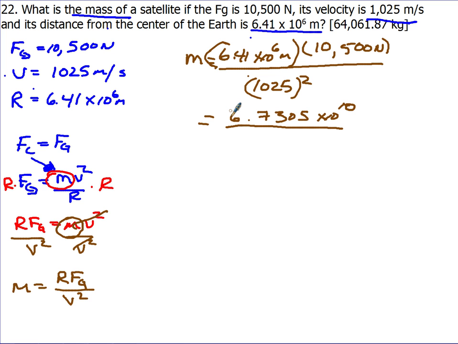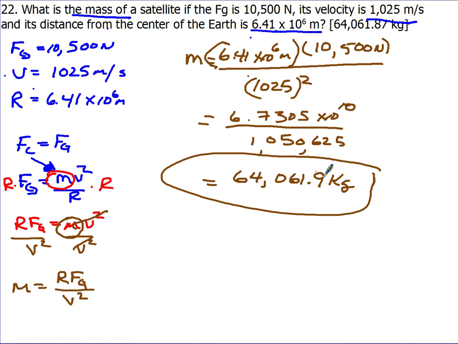Let's see, 1025 squared, I'm going to write this out, is 1,050,625. So 6.7305 times 10 to the 10 divided by 1,050,625 gives me 64,061.9 kilograms.